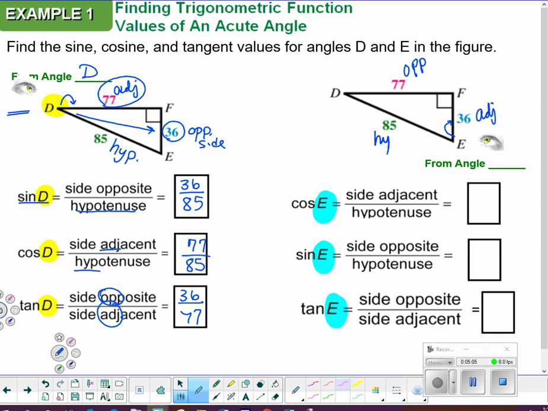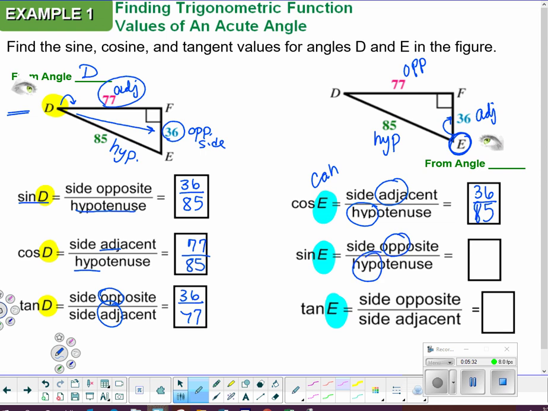Hypotenuse, of course, is still opposite the right angle. The cosine of E, we're comparing adjacent to hypotenuse. The CAH idea, right? So adjacent to angle E, that would be 36. Hypotenuse is 85.